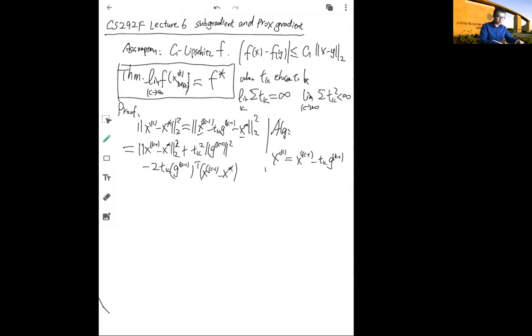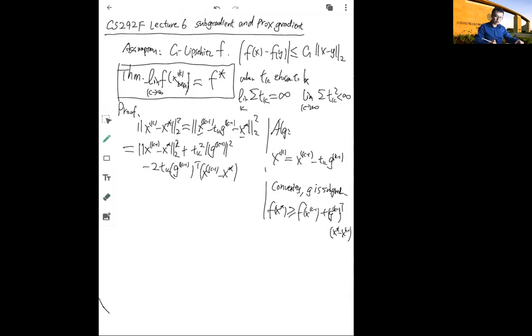By convexity of the function f and the fact that g is a subgradient, we know that f(x_{k-1}) is larger than f(x_{k-1}) plus g_{k-1} transpose (x star minus x_{k-1}).